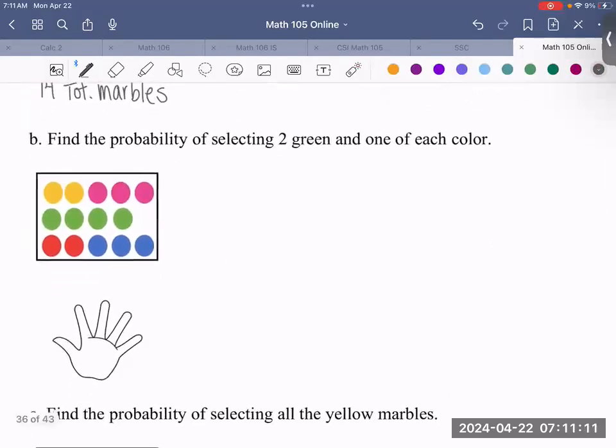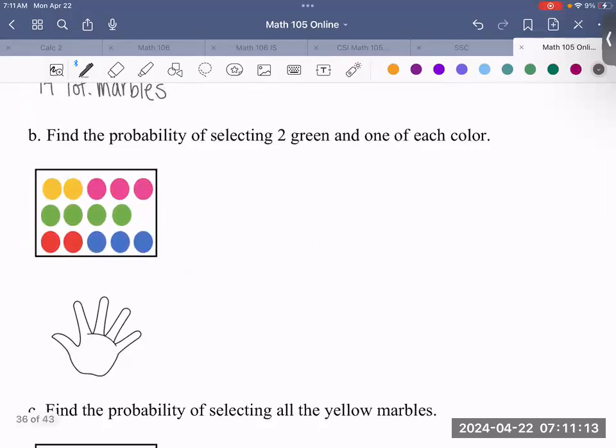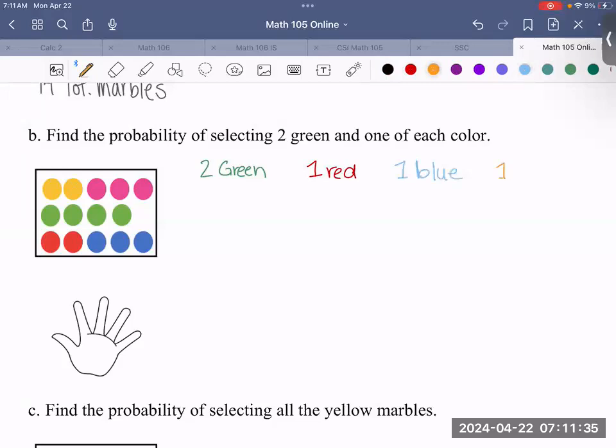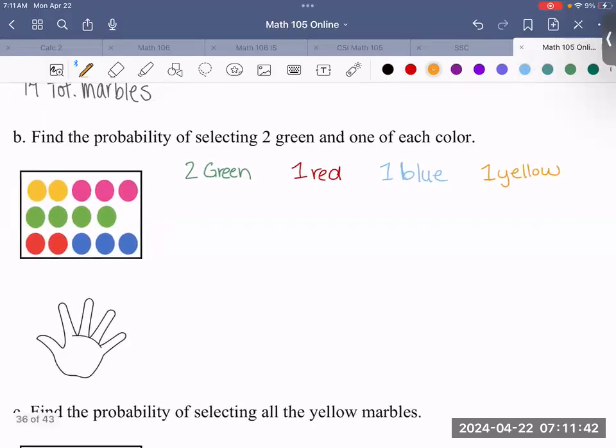Okay. So now let's find the probability of selecting 2 green and 1 of each color. So you said, okay, I want 2 green. Red, how many red do we want? 1 red, 1 blue, 1 yellow. Uh-oh, I don't even have pink.